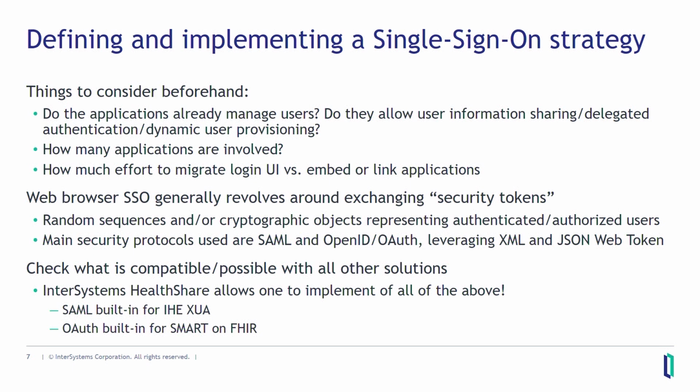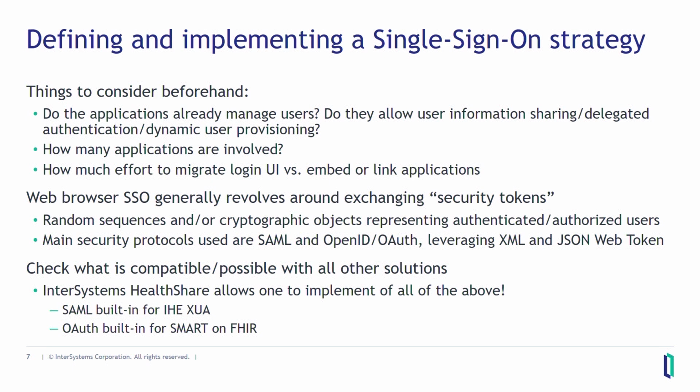Second, you're going to have to look at how many applications are involved, and I'll get back to this, but it's actually quite different when you have to integrate only 2 applications and a whole range of applications under one ecosystem.